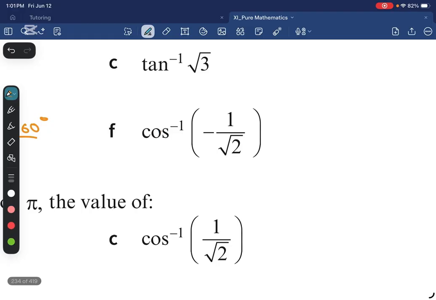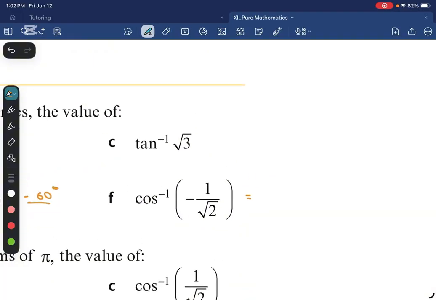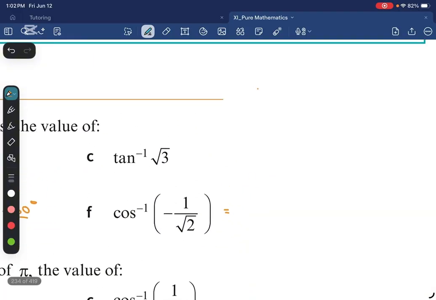All right, and cosine inverse of negative 1 by root 2. So what value is it going to be? Remember, cos of what value, and this value has to be between 0 and 180 degrees, gives me negative 1 by root 2?